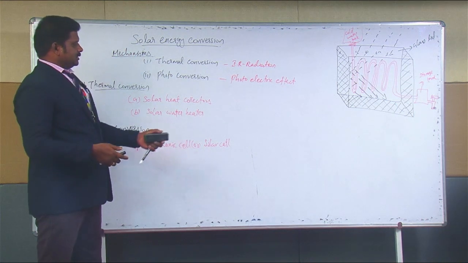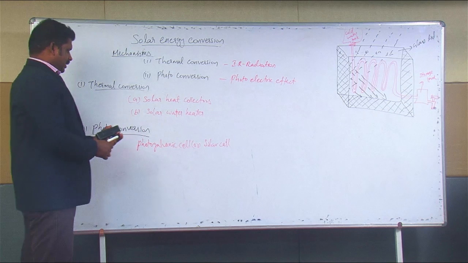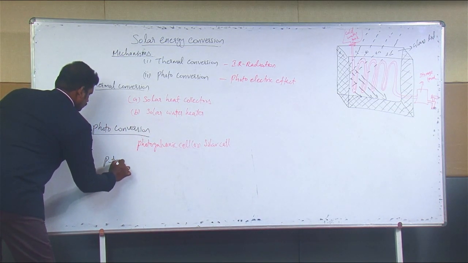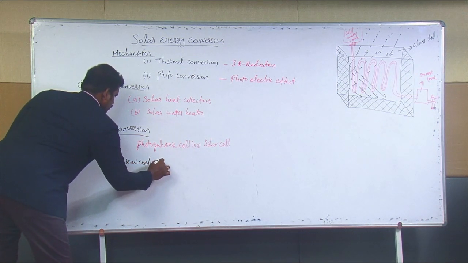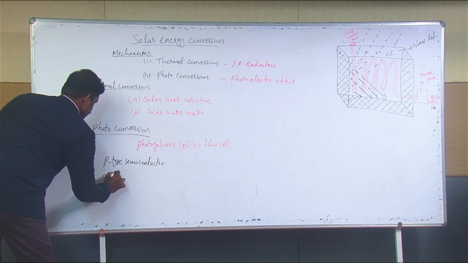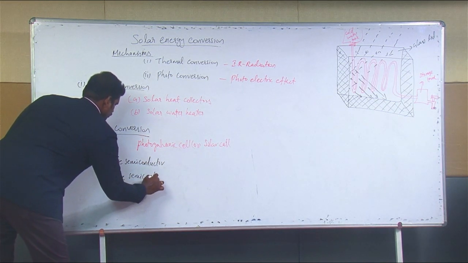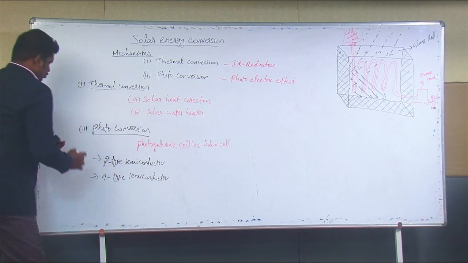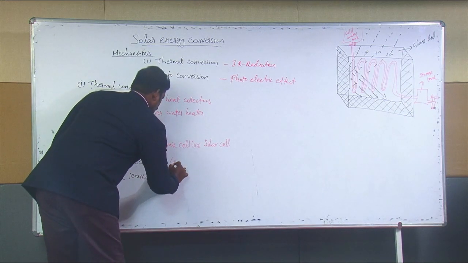That solar cell consists of two semiconductors. One is a P-type semiconductor, another one is an N-type semiconductor. So the P-type semiconductor is nothing but silicon doped with boron.